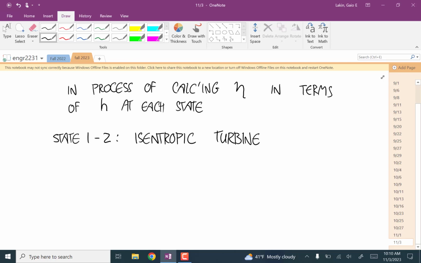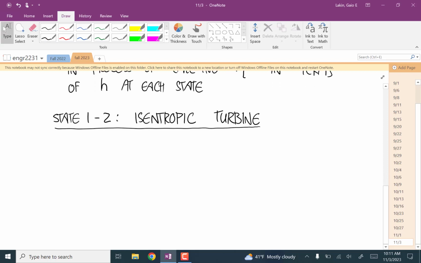So you're trying to get 2 things out of this. You're trying to follow how these calculations are done generally, and you also want to have these take-home messages written down or in your head. Okay, so we figured out that for the turbine, the work that you get out of the turbine divided by the mass flow rate is equal to the specific enthalpy at state 1 minus the specific enthalpy at state 2.